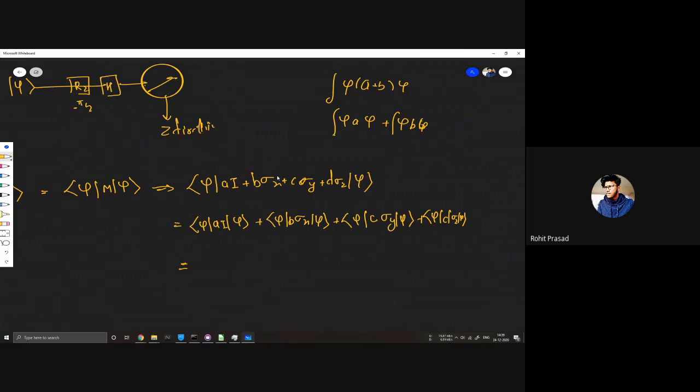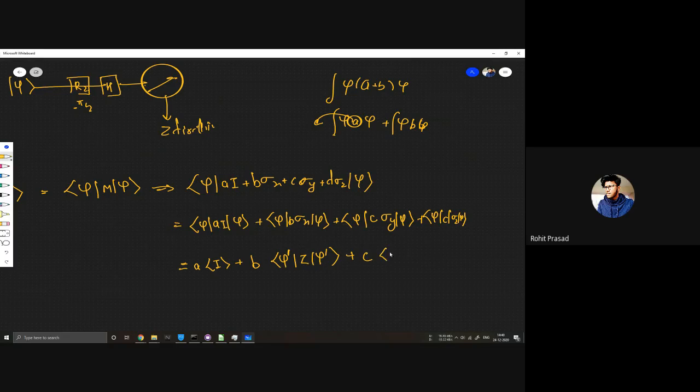And as we can take a constant out of the integration, we can do it here also. A, we can just write it as I. Taking b, we can say that this will be transformed into psi dash, sigma x, psi dash, and then z, then psi double dash.